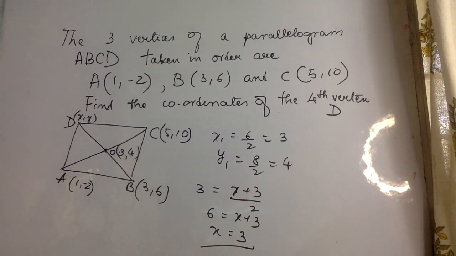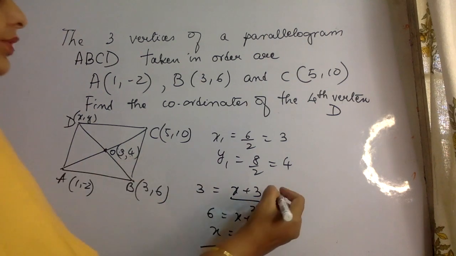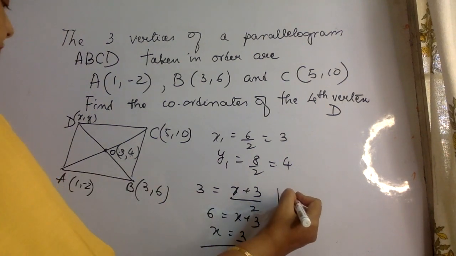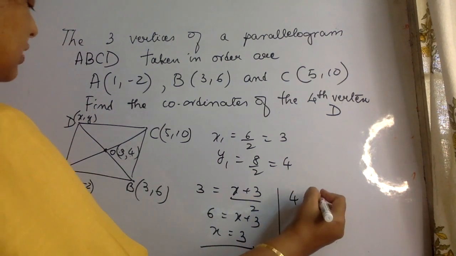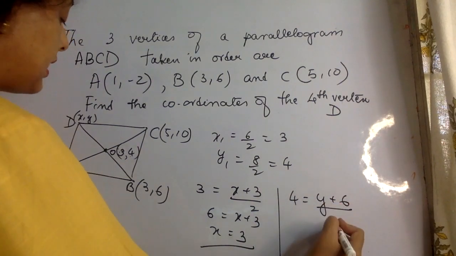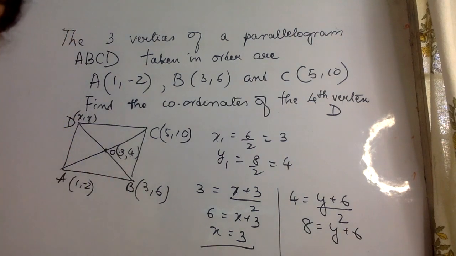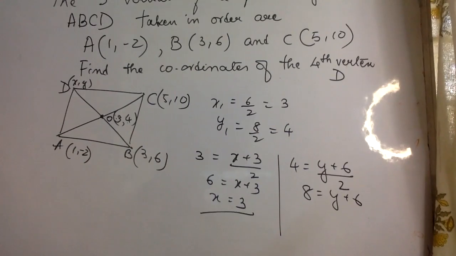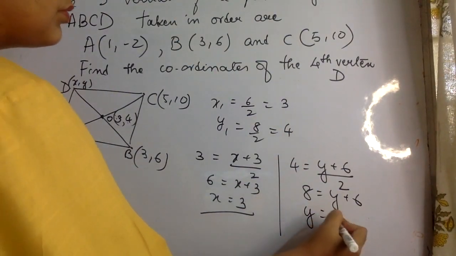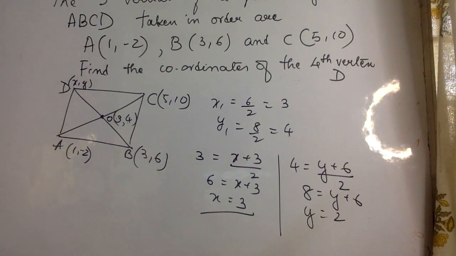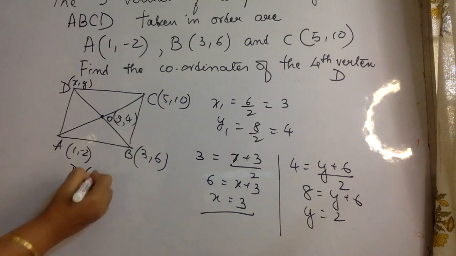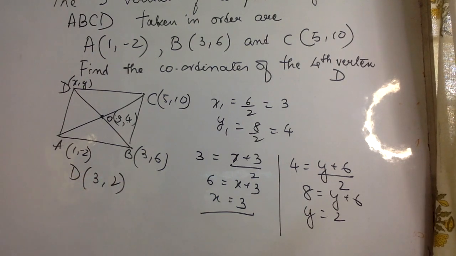Okay, now x is the coordinate of D. And 4 is equal to (y plus 6) by 2, 8 equals y plus 6. Then that gives me y is equal to 2. So 3 comma 2, the coordinates of D are 3 comma 2.